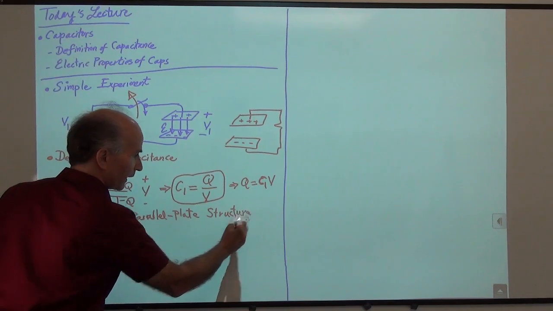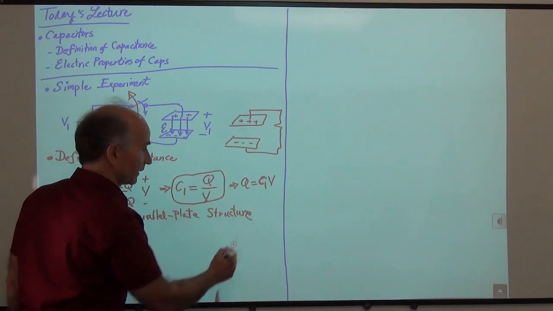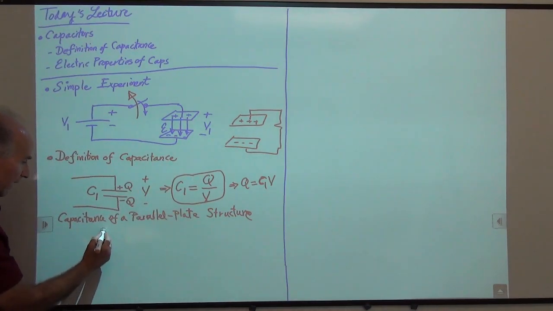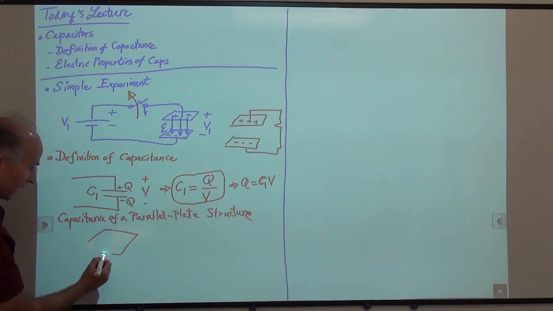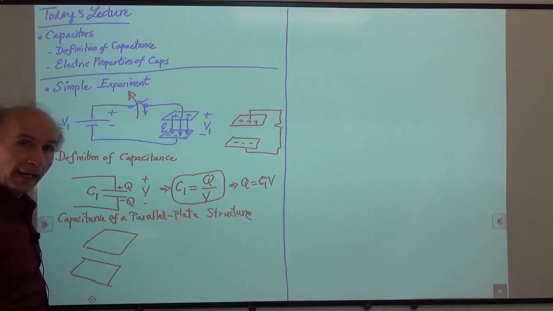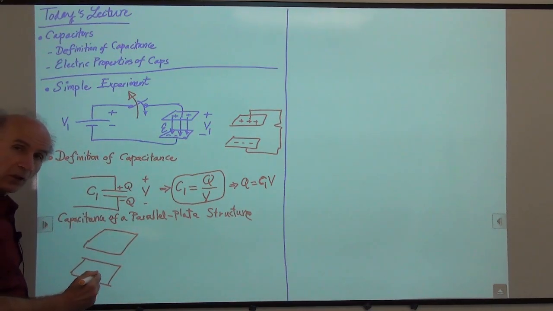One simple way of building a capacitor is to take two parallel plates. So here's one plate, here's another plate, and they have a vertical distance of some amount.